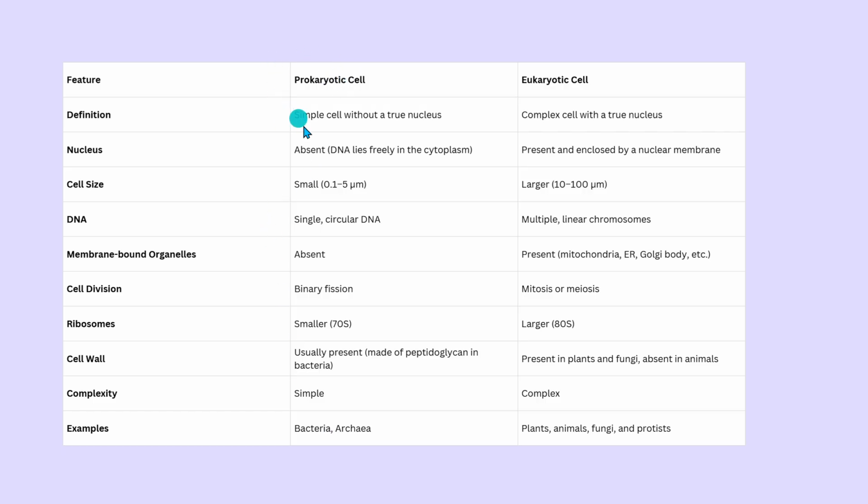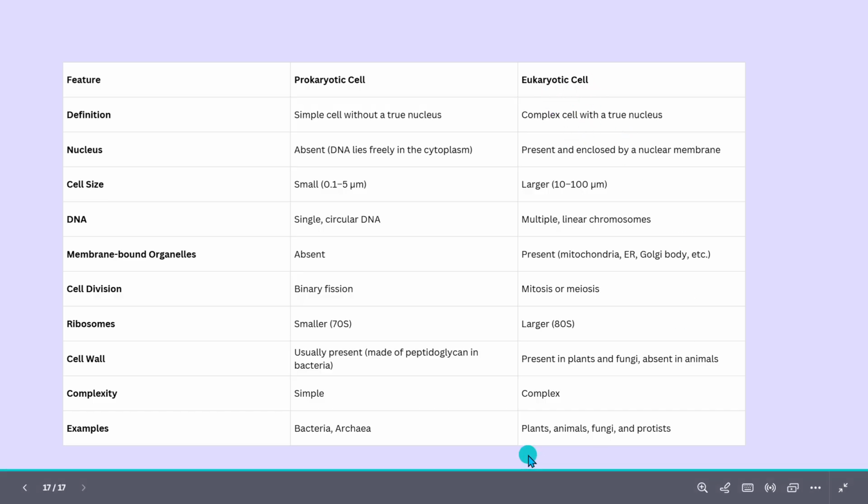These types of cells, in which they don't have a nucleus and the genetic material is spread in the cytoplasm, are called prokaryotic cells, and the cells in which we have a nucleus are called eukaryotic cells. Plant cells, animal cells and fungi are examples of eukaryotic cells.